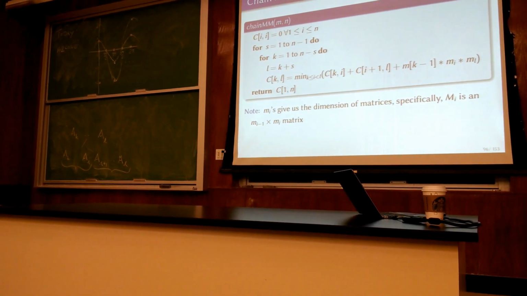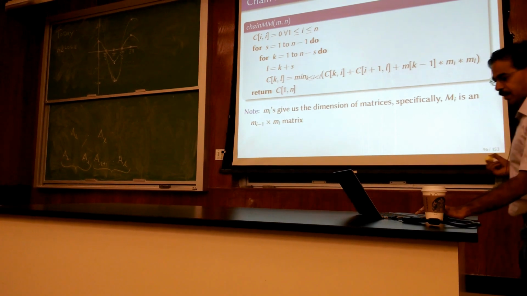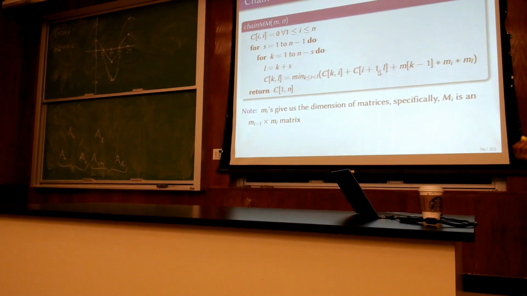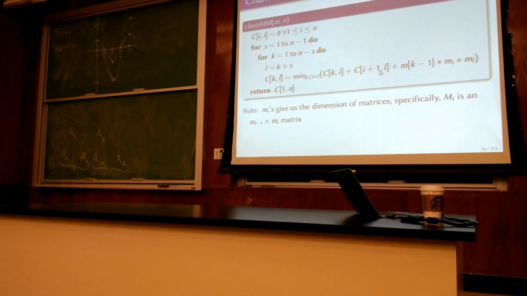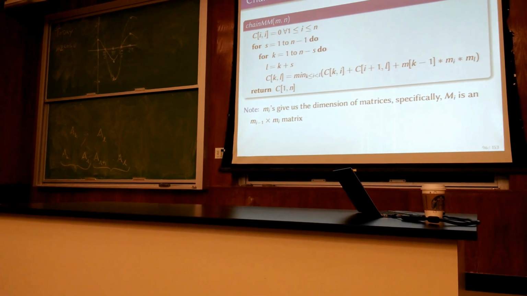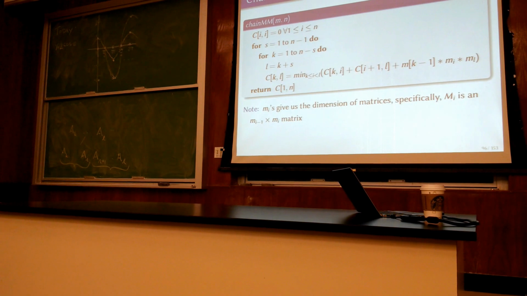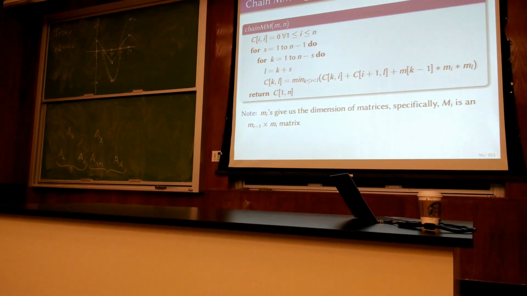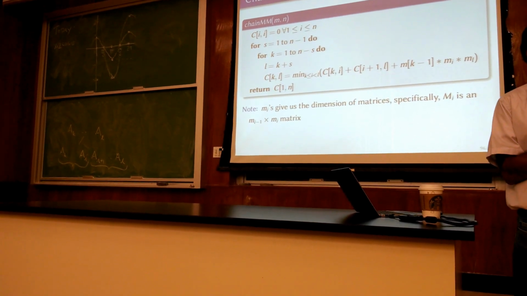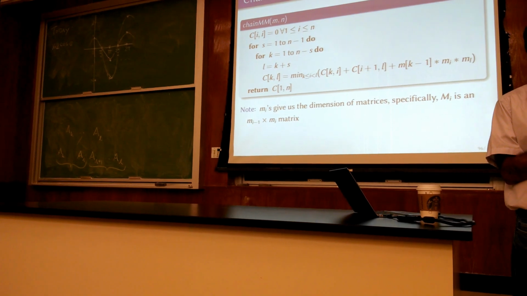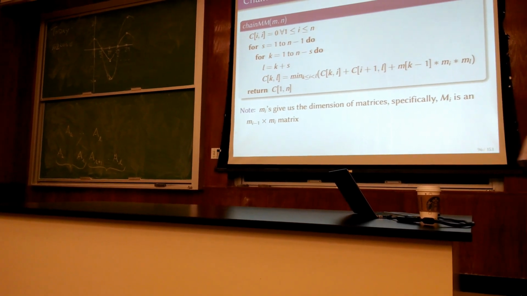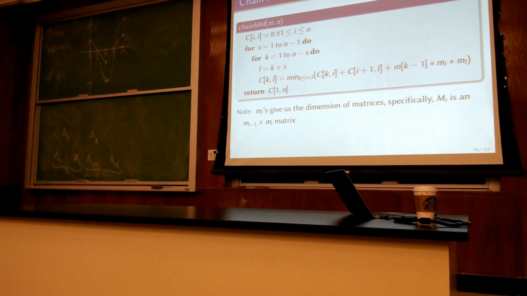That is what this formula says. Once I pick the minimum, I'm done, because I've considered every possible way of computing this matrix multiplication and found whichever is the minimum.